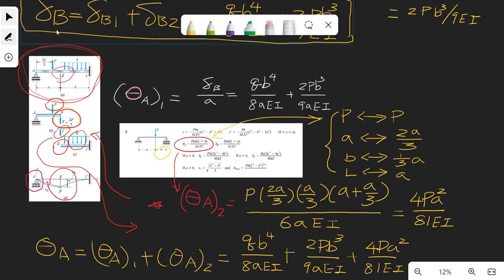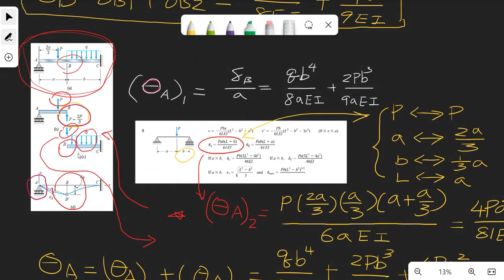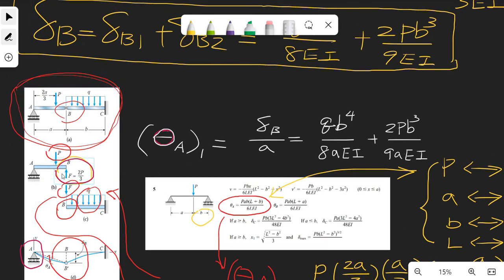Okay, this is our final solution of theta A here, and the final solution of the delta V here.